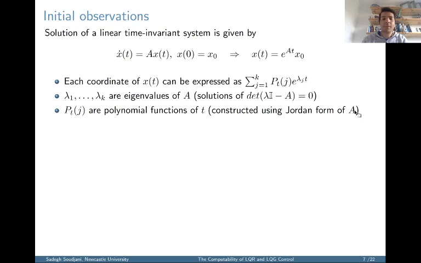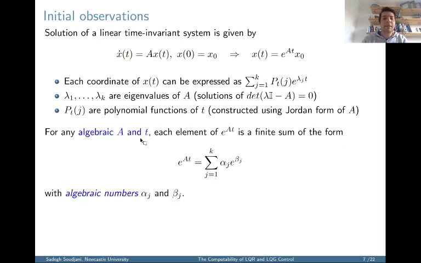So this means if we start the definition of the system with some algebraic matrix A, and we want to evaluate the trajectory at some algebraic point in time, then each element of this matrix, e to the power At, can be written as a finite sum of this form. It becomes a finite sum, which is equal to the summation of alpha j times e to the power beta j, and these alpha j and beta j are algebraic numbers.